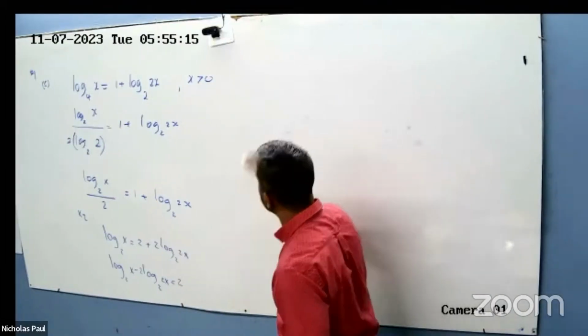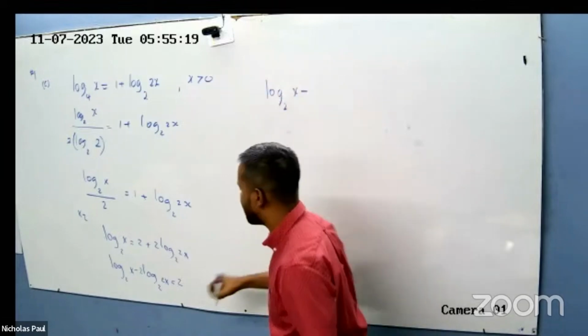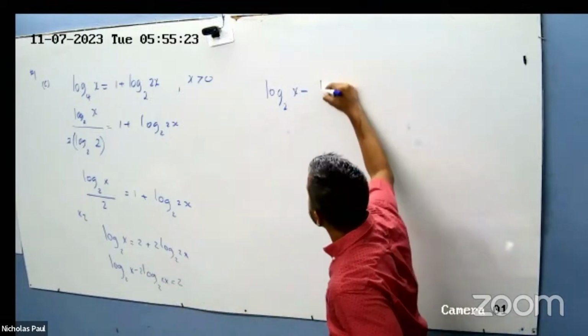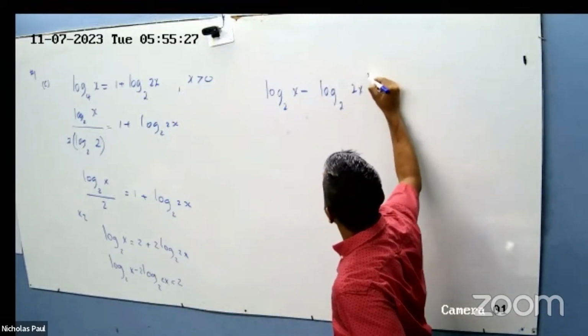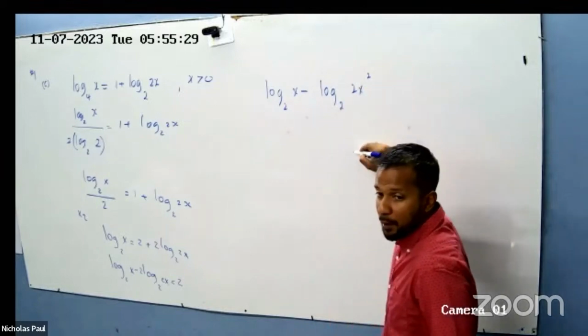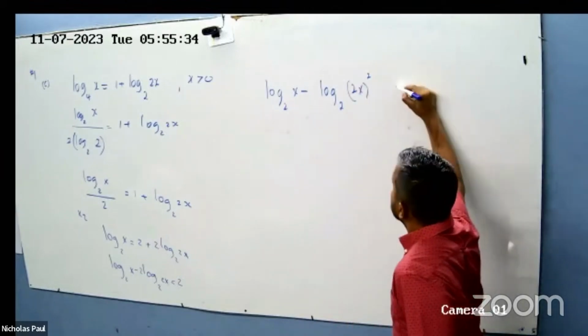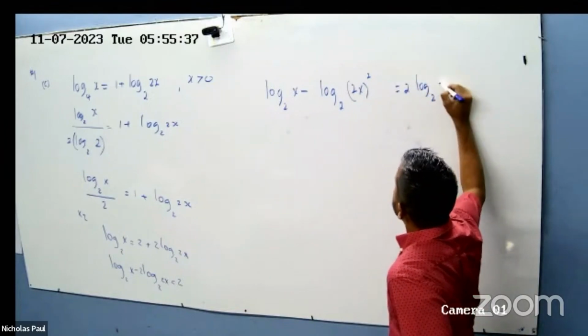So now we have log to the base 2 of x minus this 2 becomes power, but a common mistake is that when you put in power, you just put 2x squared. But remember, it's the power of the 2 and the x. Okay? Is equal to 2, and you can write log 2 here.